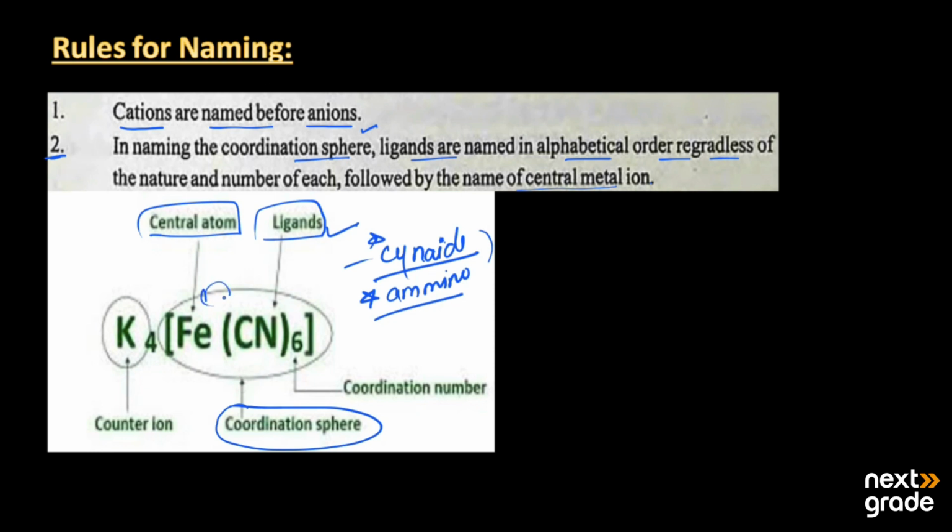Like if we name a compound with iron and cyanide, its name will be ferro cyanide. We have ferro cyano cyanide. Both can be used for this coordination sphere.